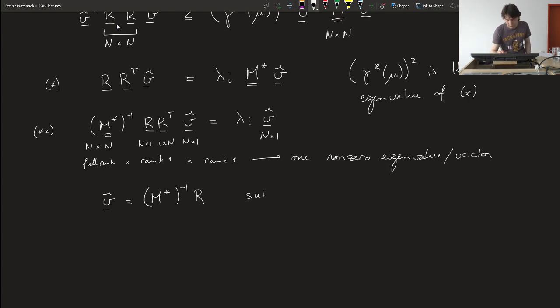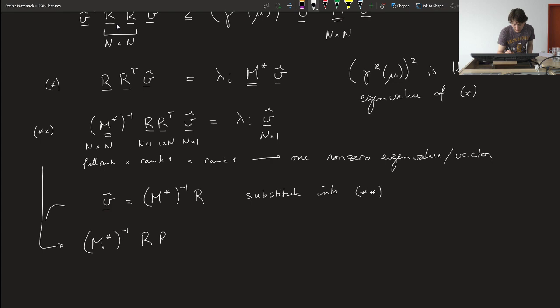So we substitute, and then what this equation is going to say is M star inverse times R^T. Oh, and that's exactly what I wanted to substitute. So we have M star inverse r.